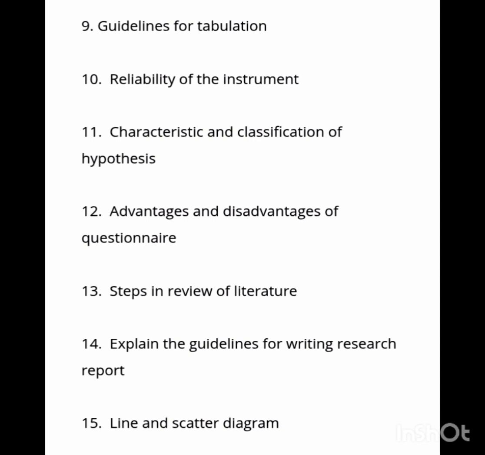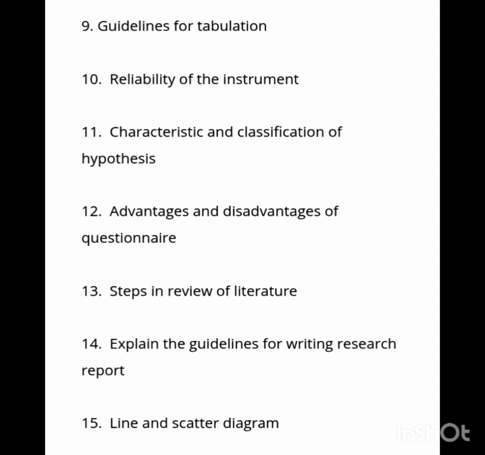Okay, third step is search for relevant literature. Fourth one is read and take notes. And fifth one is evaluate the sources. Sixth one is organize your notes. Seventh one is write your review. And eighth one is edit and revise the review of literature. So these are the 8 steps of review of literature.